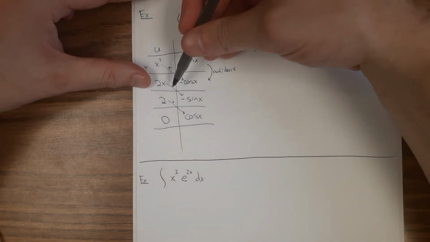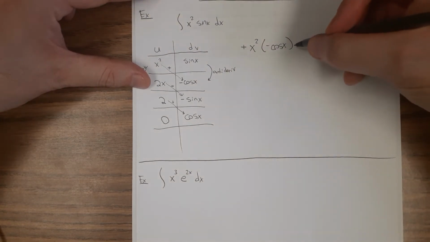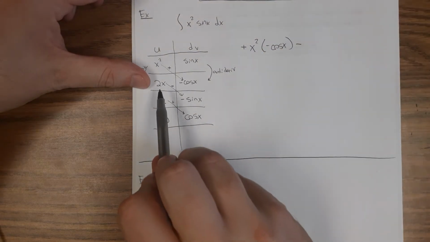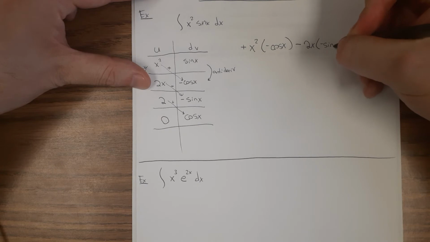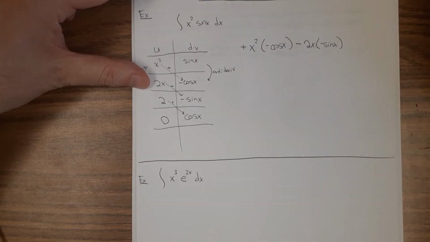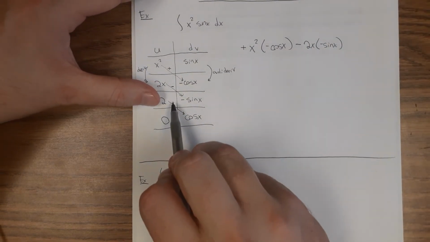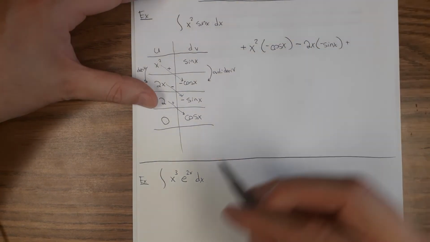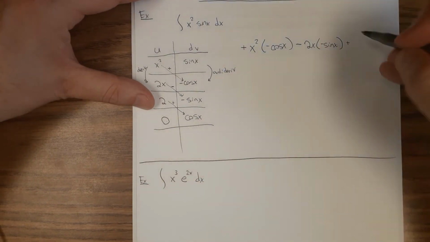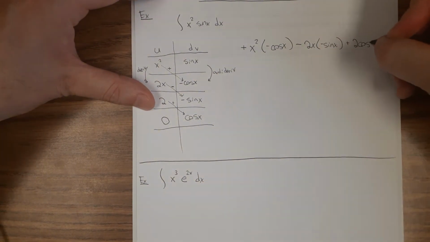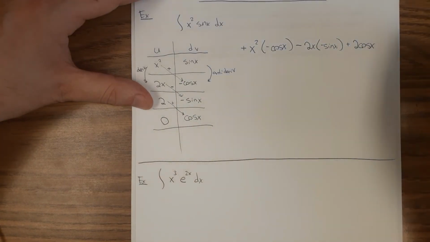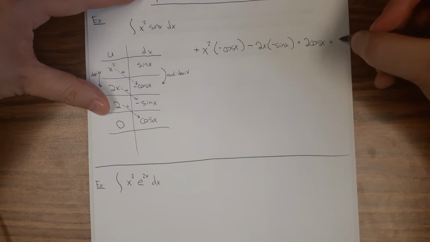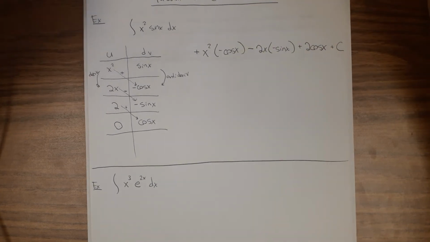The next one has this minus sign, and then it's this times this. The next one would have this plus sign, and then it's this times this. And then I'm done. The next thing was the 0, so I'm going to write plus c like we always do at the end of an integral.